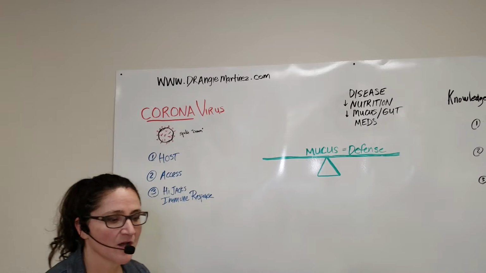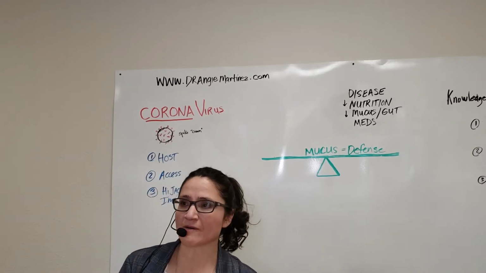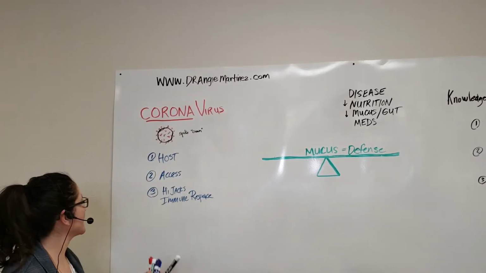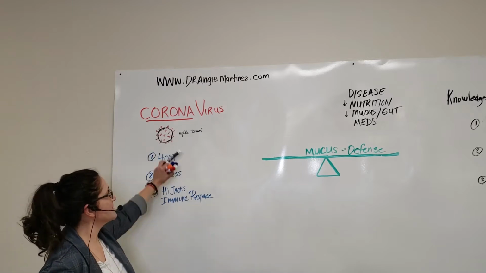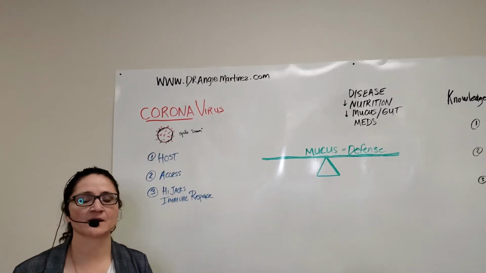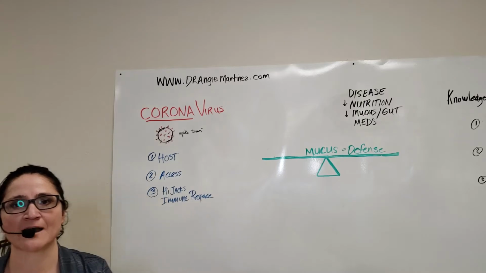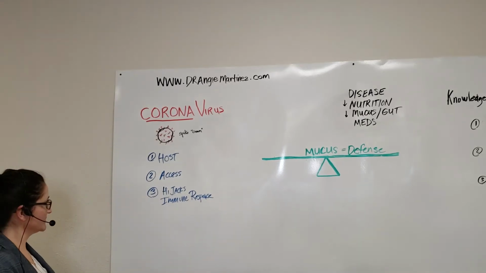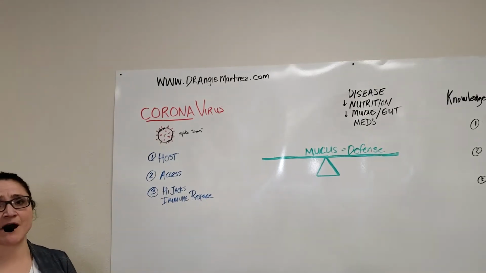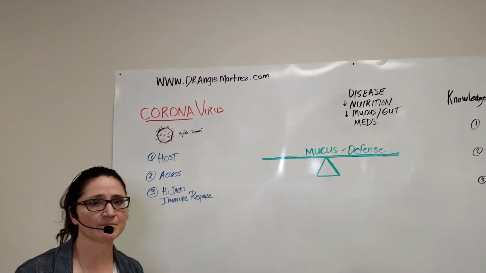So first of all, coronavirus. It's called coronavirus because of the spike-like proteins that surround the virus. It almost makes it look like a crown, and corona is Latin for crown. So that's the reason why they call this species of viruses coronavirus: because of this spike protein.